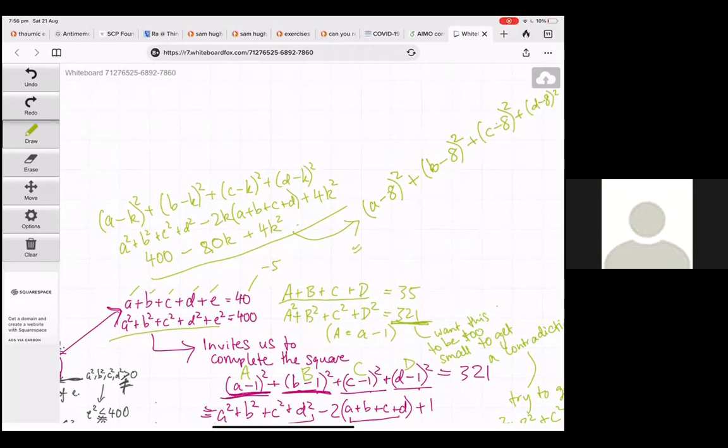So that's going to be equal to, I've just done the formula, 400 minus 80 times 8 plus 4 times 64. So 400 minus 640 plus 16 plus 240.